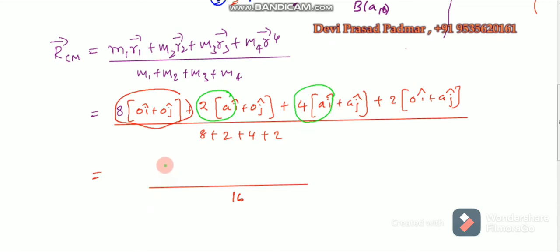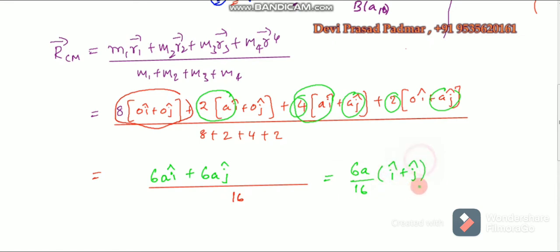Therefore total you can write it as 6a i cap, plus what about j cap? Here 4a j cap, and here 2a j cap, again 6a j cap, right? So if you simplify this, you can write 6a divided by 16 into i cap plus j cap.